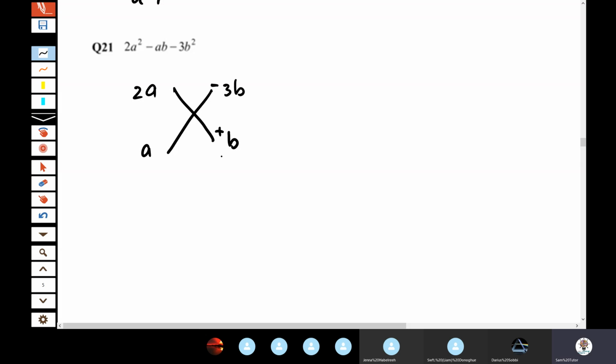Right? Negative 3 plus 2 gets you negative 1. All right. And then how do we write this? 2A minus 3B and A plus B.